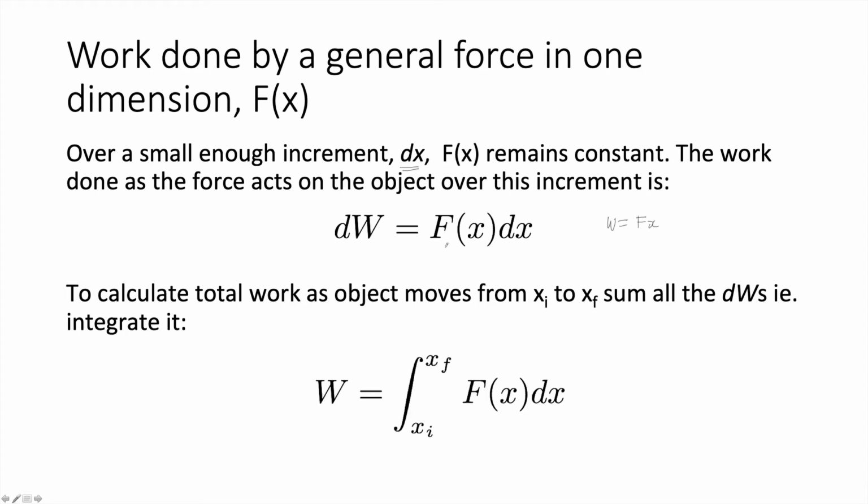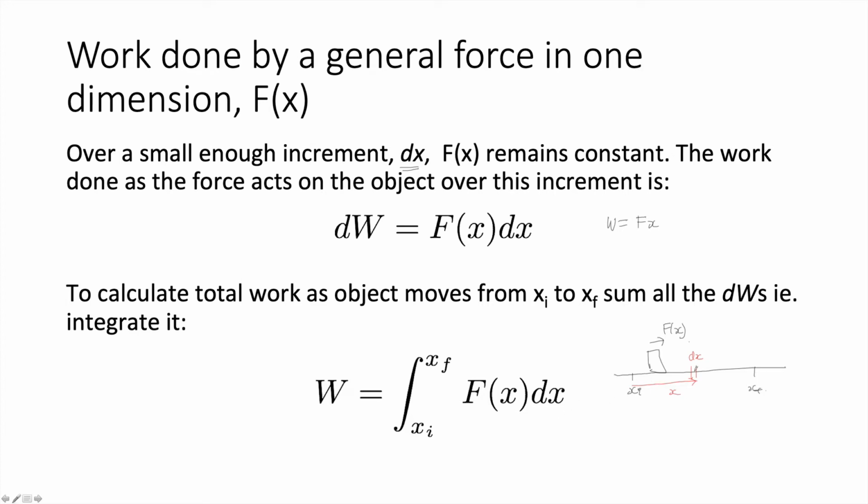So then to calculate the total work done, what's happening now is we've got an object which is moving from some initial position to some final position under the influence of some force f of x. And what we do is consider a little increment here with length dx over which this force can be considered constant, which is a distance x from the initial position.